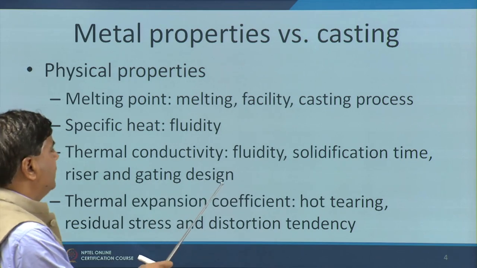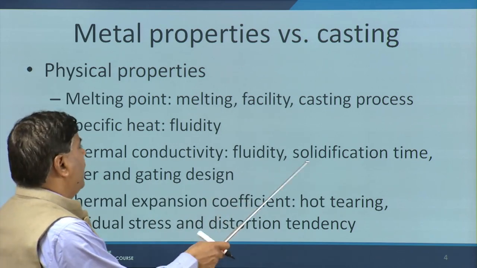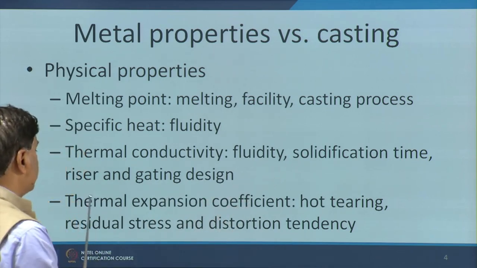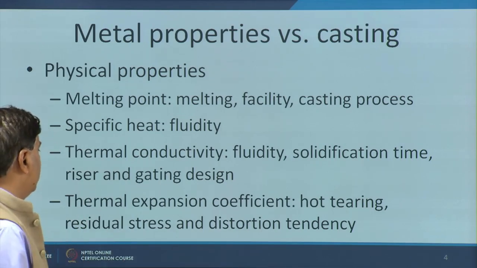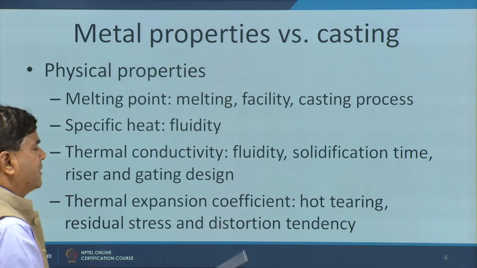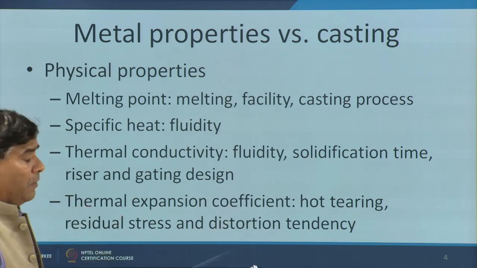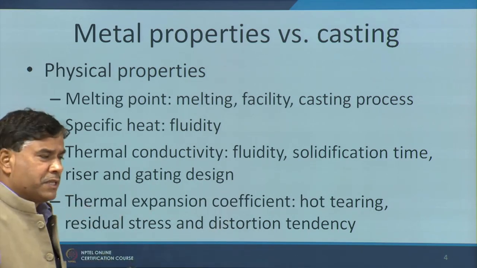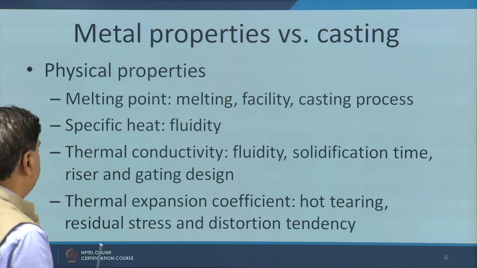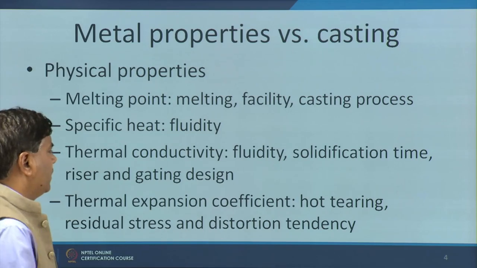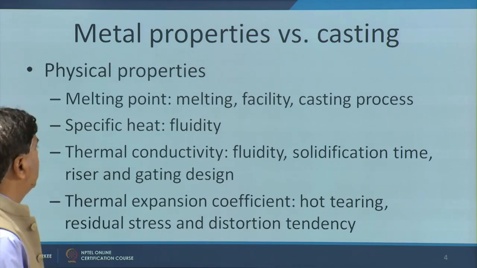Thermal conductivity affects the fluidity and the solidification time. It also affects the riser design and gating and risering design. Thermal expansion coefficient affects the development of residual stresses, which in turn determines the distortion and the hot tearing tendency. So, this is what I have already mentioned here.